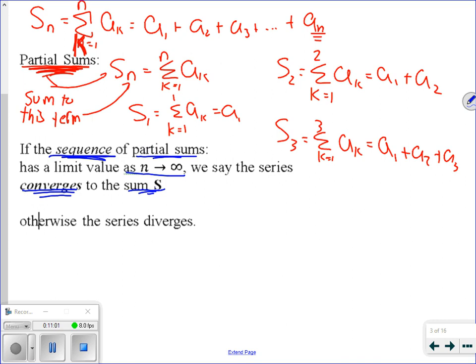What I mean by the sequence of partial sums is S1, S2, S3. Here's S1, here's S2, here's S3. If those partial sums are approaching a limit value, we say the series converges to that sum. Otherwise, the series itself would diverge.